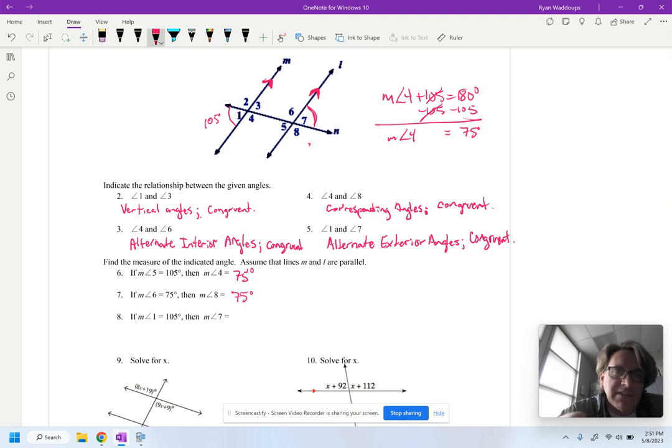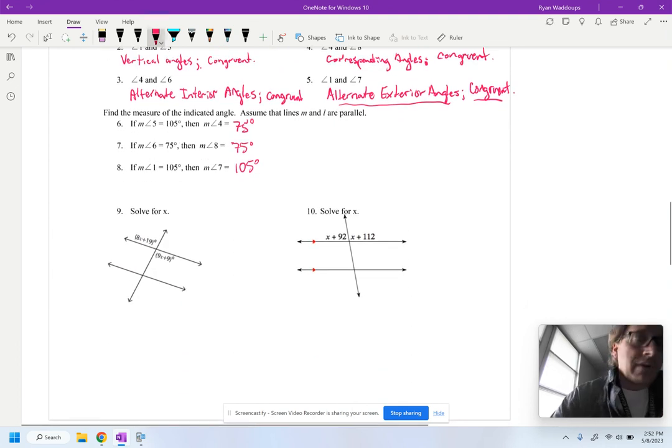They're on opposite sides of the parallel lines, and they are also on opposite sides of the transversal. So they are alternate exterior angles, and therefore they are also congruent. Like we talked about up here, alternate exterior angles are congruent if the lines that form them are parallel. And so that means the measure of angle 7 would also be 105 degrees.